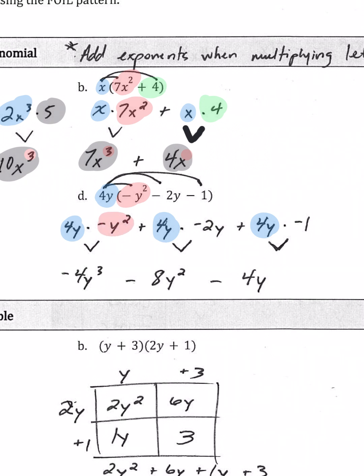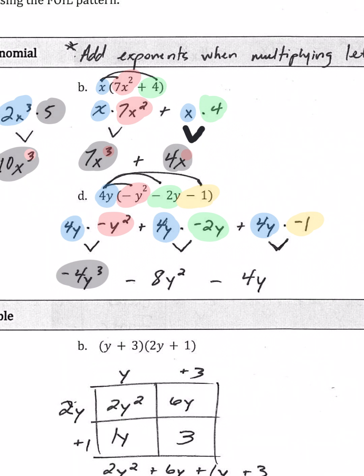Here's where I showed that. 4y times negative 2y. And 4y times negative 1, because that's a subtraction sign. When we multiply those together, 4y times negative y squared is negative 4y cubed. We multiply the big numbers, we add the exponents.